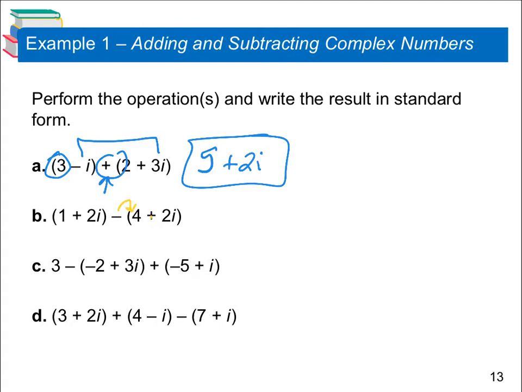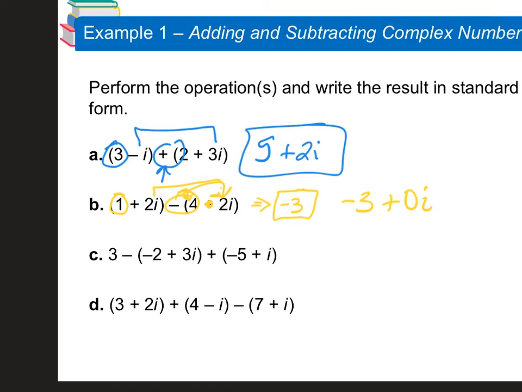So this becomes negative 2i. Combining like terms, 1 minus 4 is negative 3. And then 2i minus 2i is 0. If you wanted to write negative 3 plus 0i, you're welcome to, because that's written as a complex number.